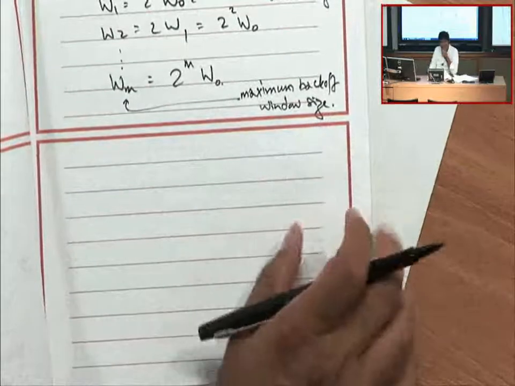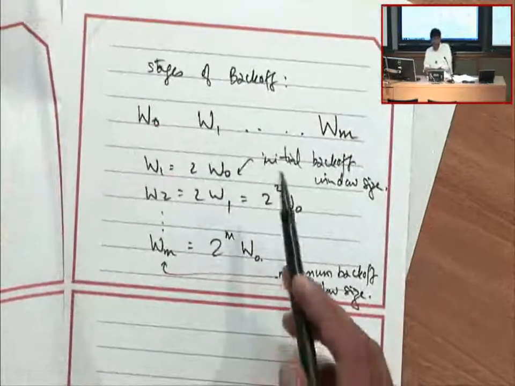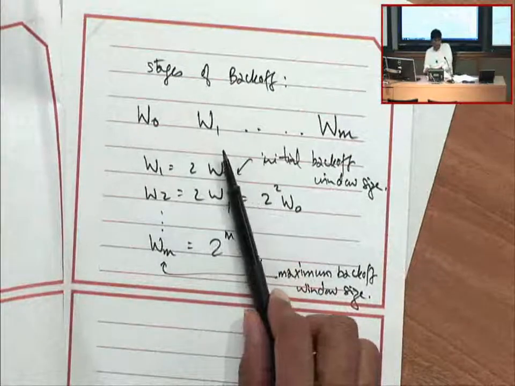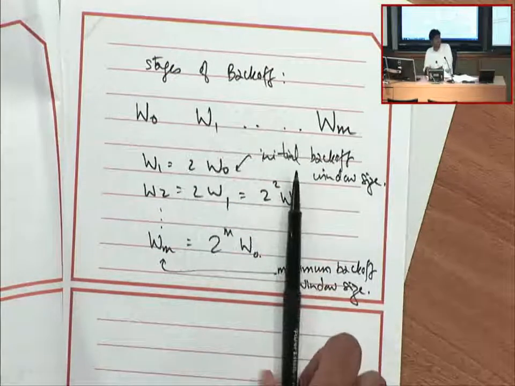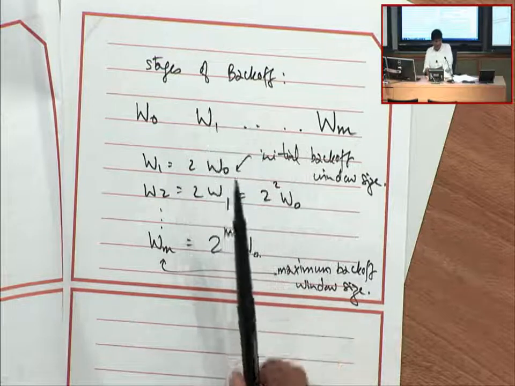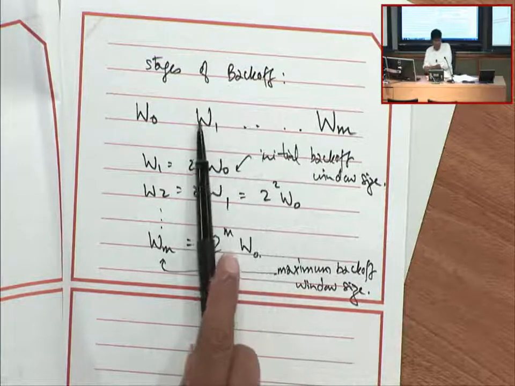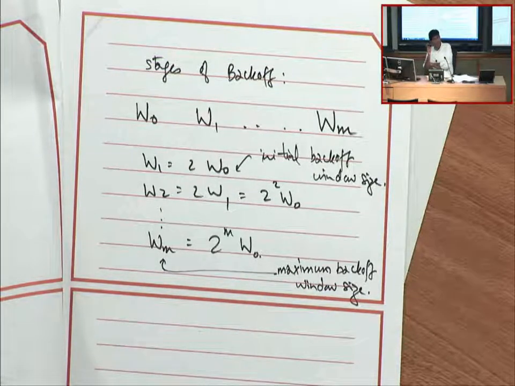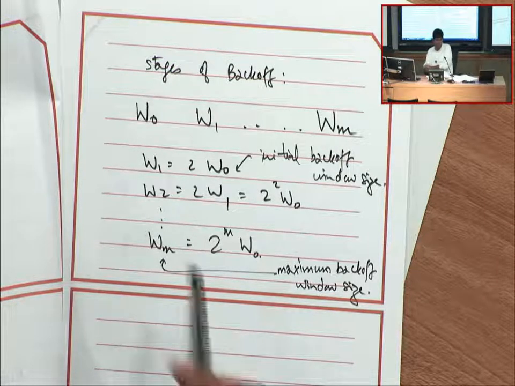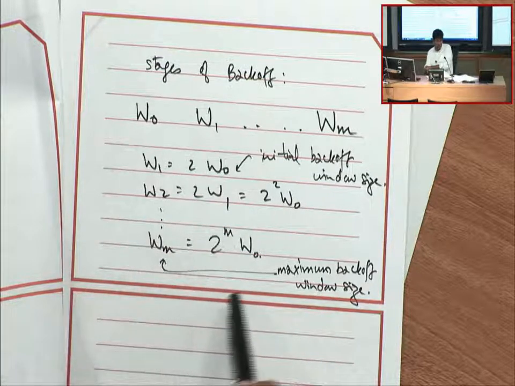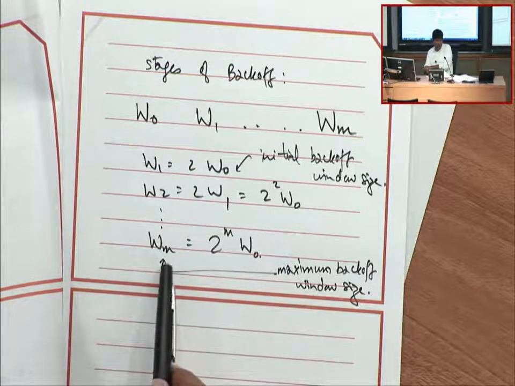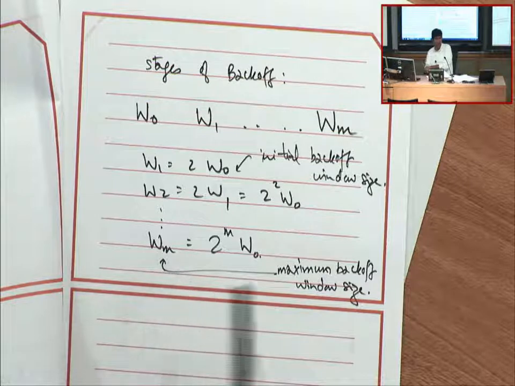So what we'll see in the next class is the behavior of 802.11 medium access, that CSMA. For every stage, you can represent it as having a set of possible values for the timer, anywhere between 0 to W0 minus 1 for that 0th stage, all the way up to anywhere between 0 to WM minus 1 for the last stage.